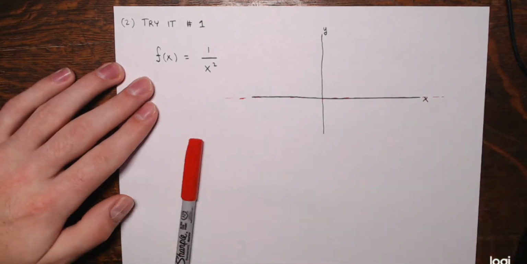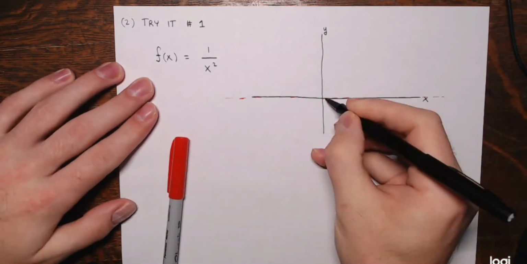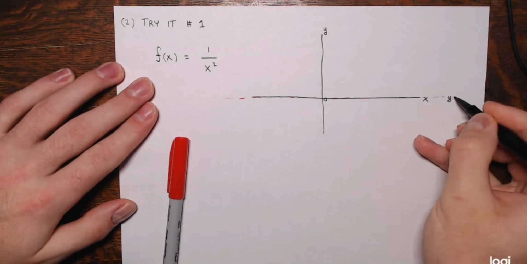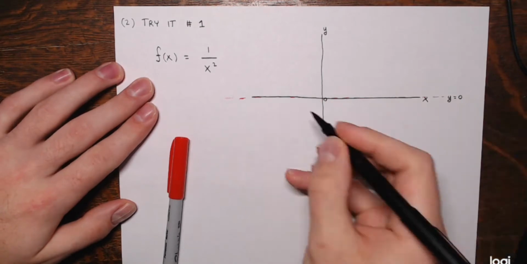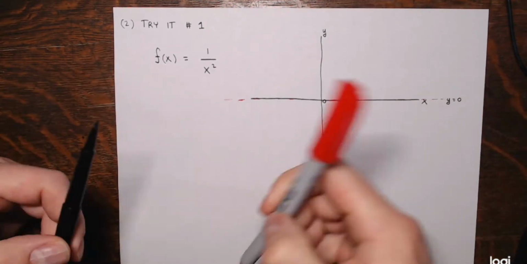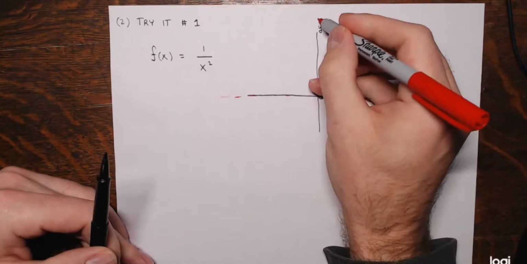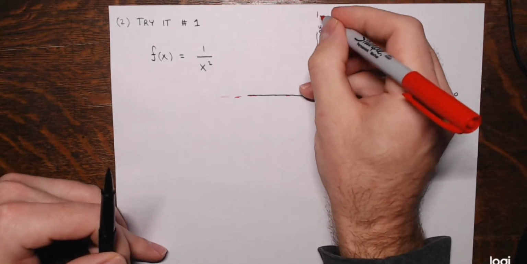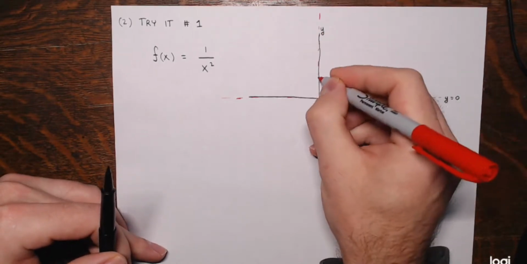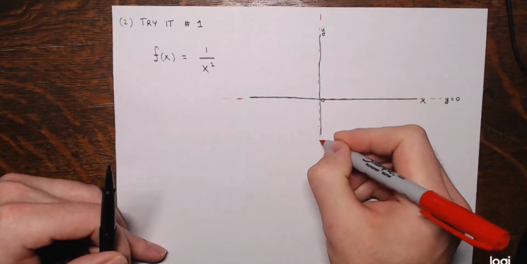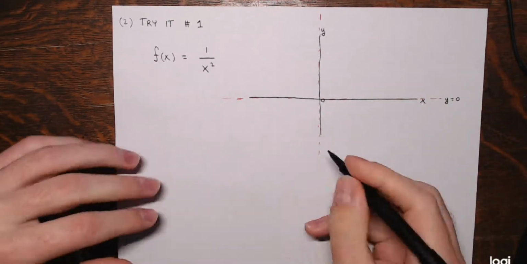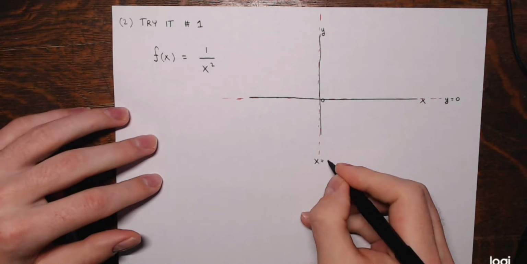There's y equals 0. Y equals 0, the x-axis. That's going to be a horizontal asymptote. And then you're going to see also that the y-axis, or x equals 0, is going to be a vertical asymptote.